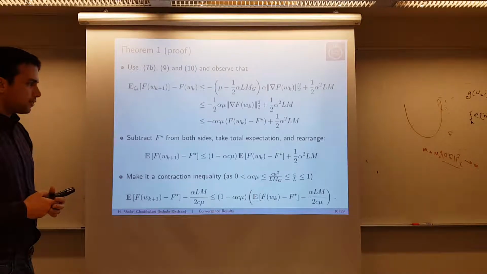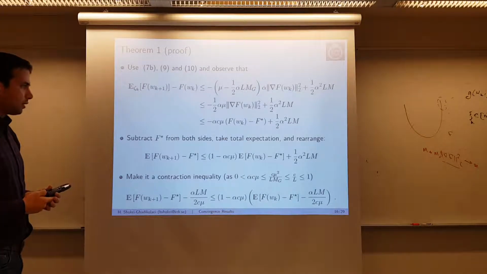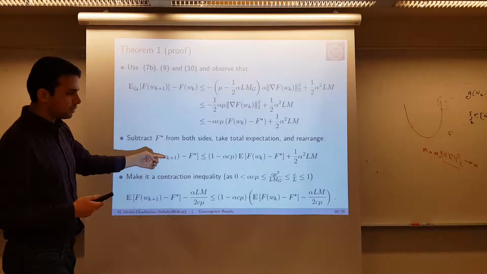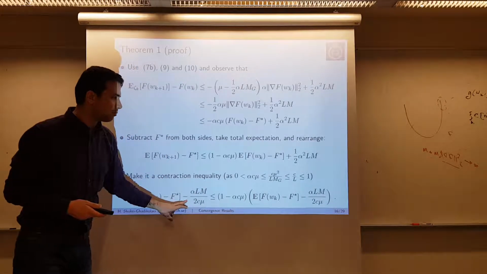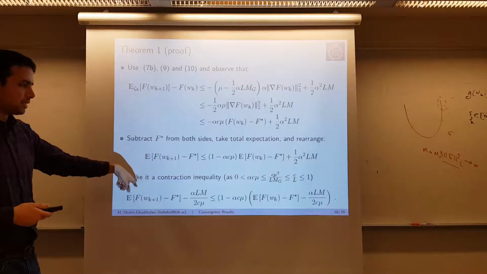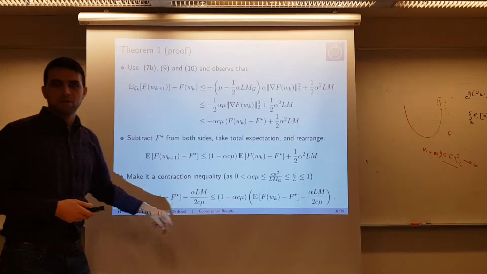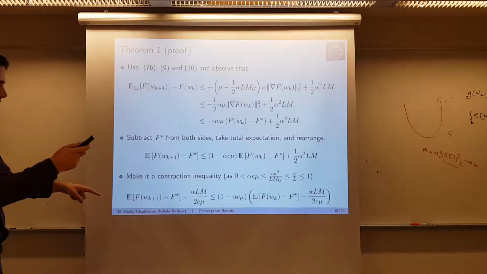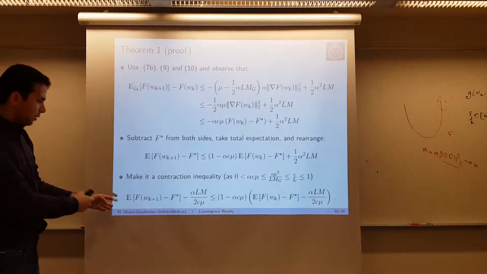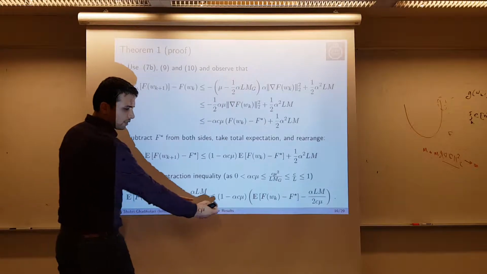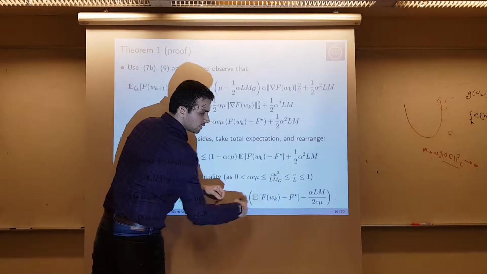Just to make it a contraction inequality, that's it. What you should do is that from both sides you should add minus this term. And if you add minus this term, then you can see easily that this would hold. So add minus this term and then rearrange, and then you can find this. So then you have this term is smaller than this term multiplied by the same term.